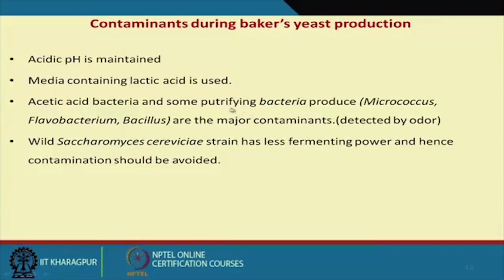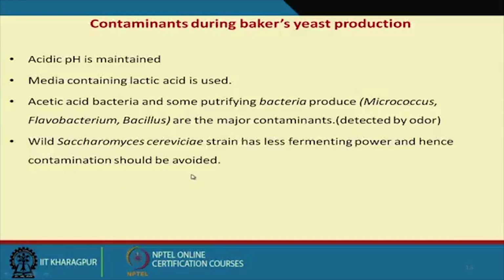They degrade the protein molecules, and in doing so they produce different types of organic acids, which are responsible for the foul smell. So putrefying bacteria are the major contaminants and are detected by odor. The Saccharomyces cerevisiae strain has less fermenting power, hence contamination should be avoided.